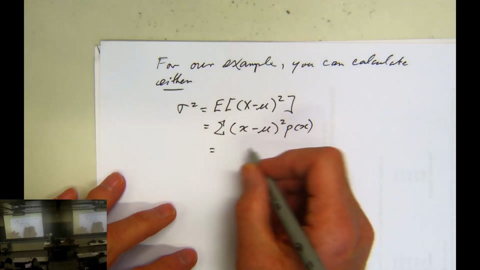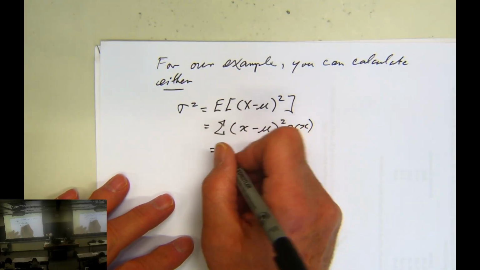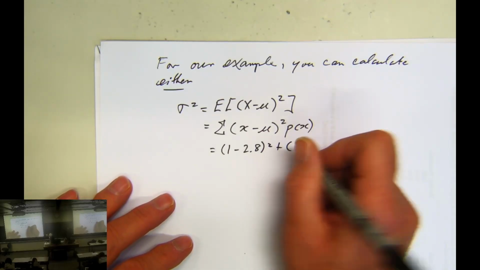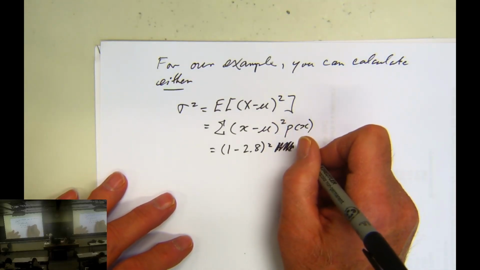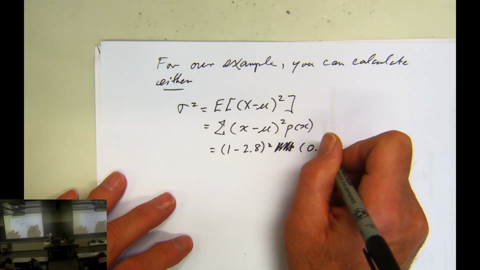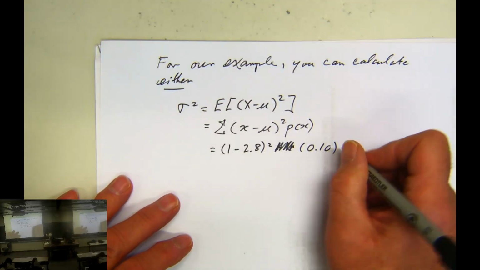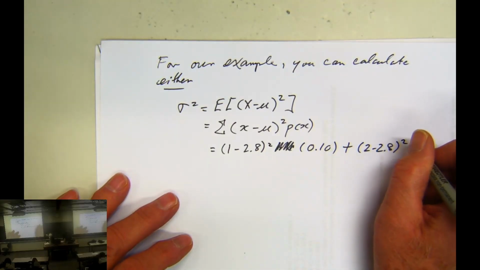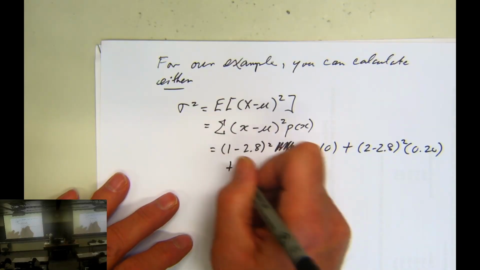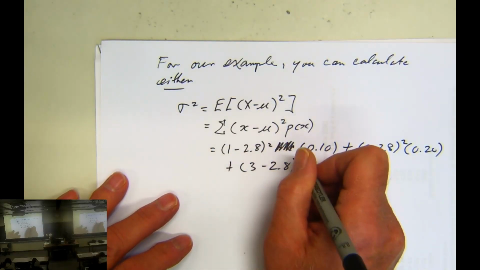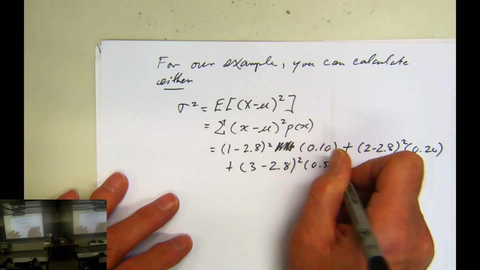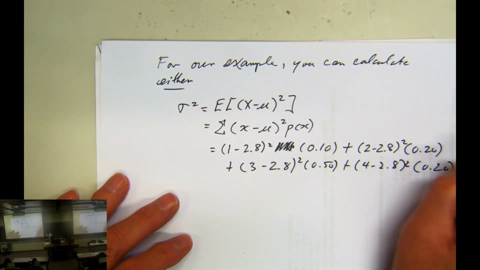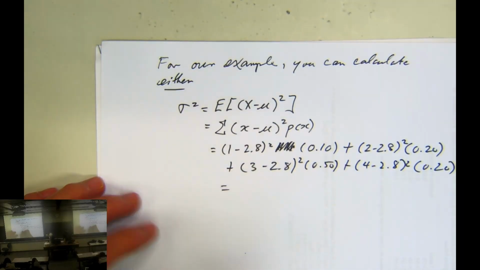We could go 1 minus 2.8 squared, not plus, I forgot to multiply times my probability, 0.10 I think that was, plus 2 minus 2.8 squared times 0.20 plus 3 minus 2.8 squared times 0.50 plus 4 minus 2.8 squared times 0.20. You can work that one out.